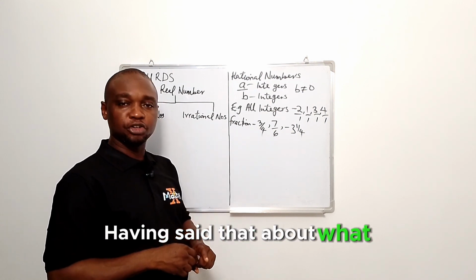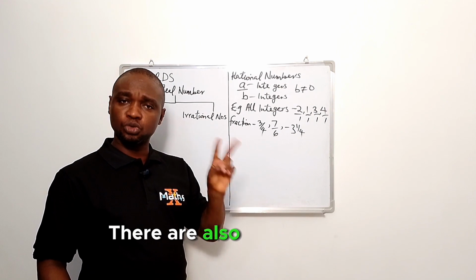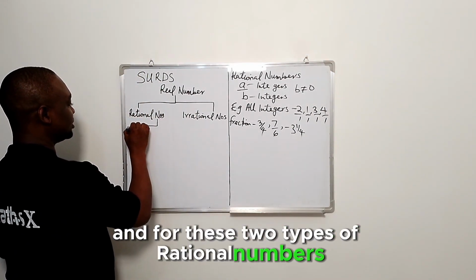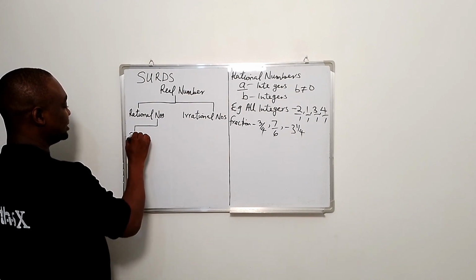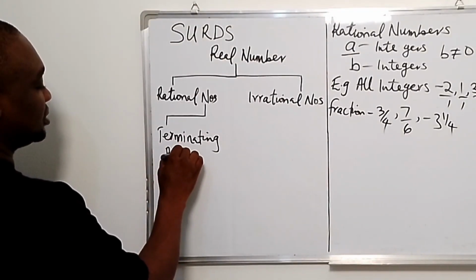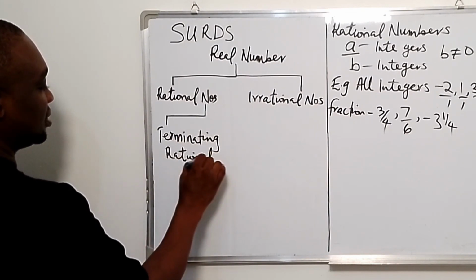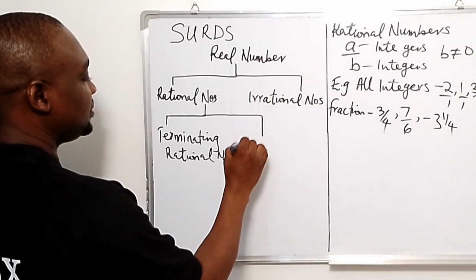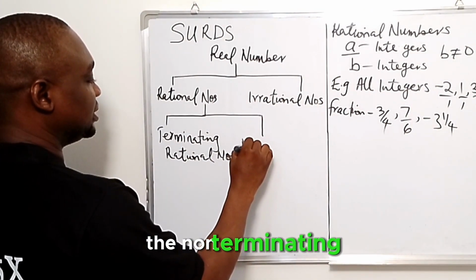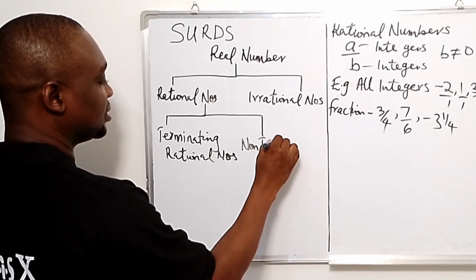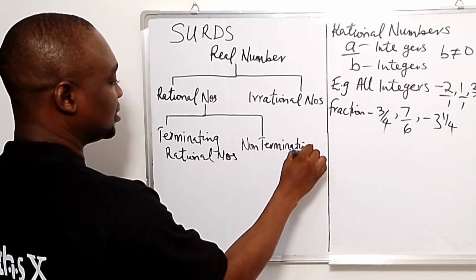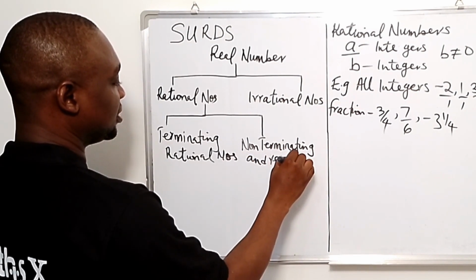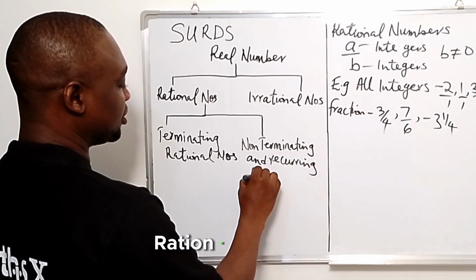Having said that about what rational numbers are, there are also two types of rational numbers. One of them is the terminating rational numbers, and the non-terminating and recurring rational numbers.